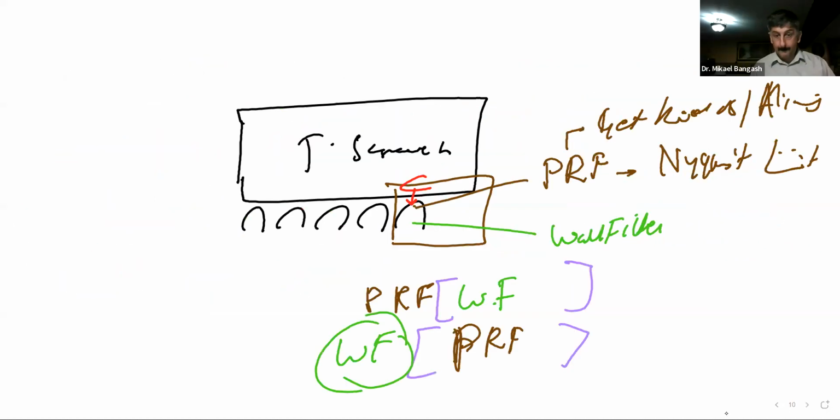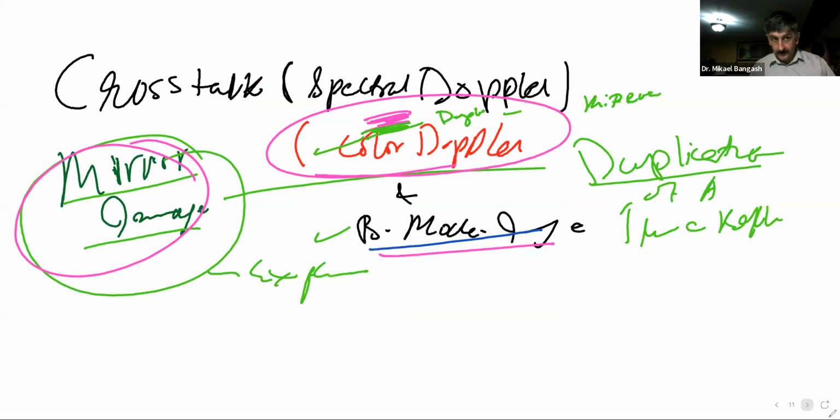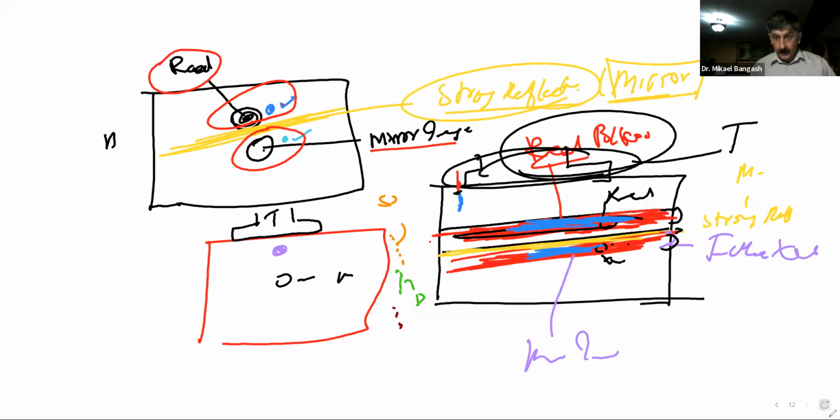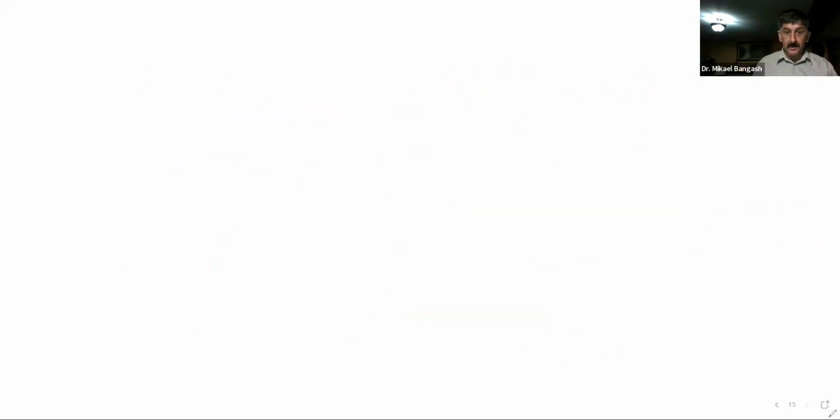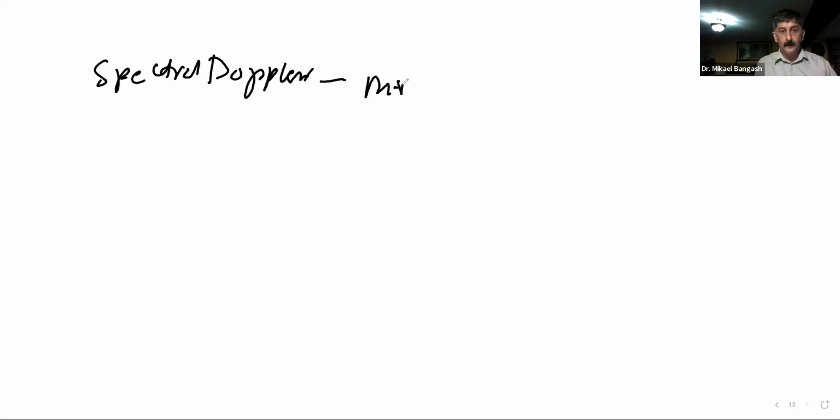So that was what we call mirror image. Now on a spectral Doppler, that mirror image is called crosstalk.